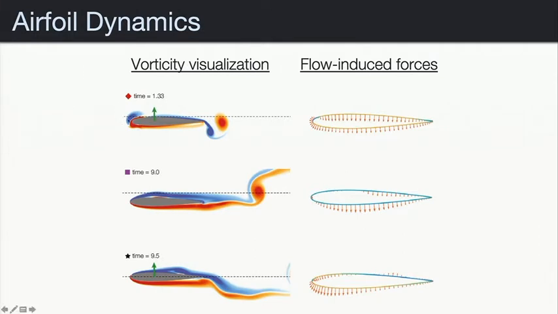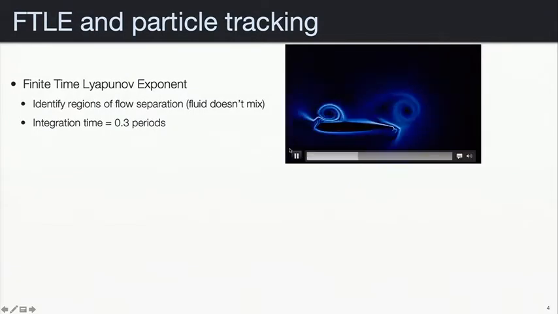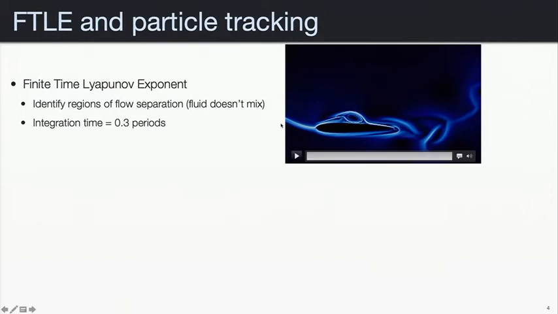There's a vortex that forms over here, and it moves backward, and you can look at the force distribution, and you can actually see that the forces are pointed in the forward direction, which will make you start moving. Then you can start analyzing what's happening. You can look at FTLEs, finite-time Lyapunov exponents. They basically are separation lines.